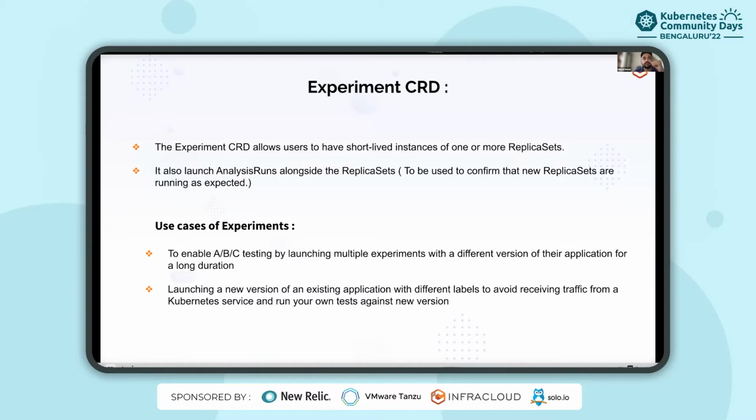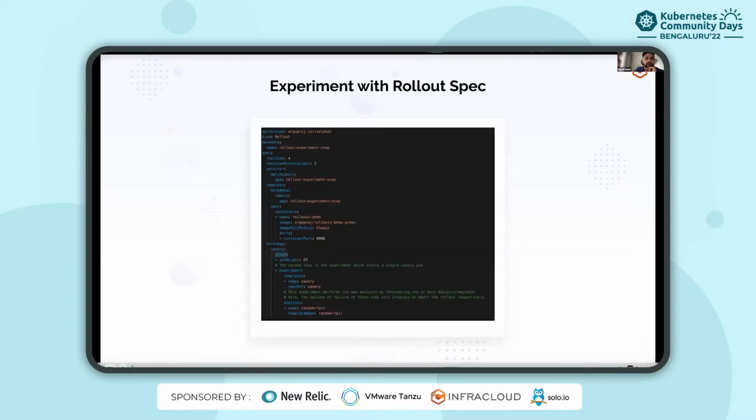Or in case you want to do not only A/B version testing, but ABC, you can create multiple experiments, and those experiments will create a self-isolated version of your application services apart from the one that is stably running. And against those isolated versions of your application, you would be running a set of different tests that you would want to perform.